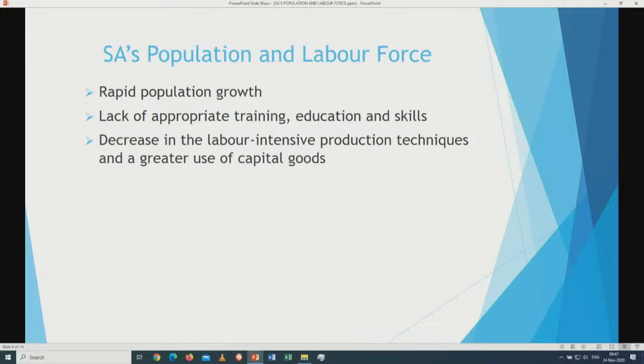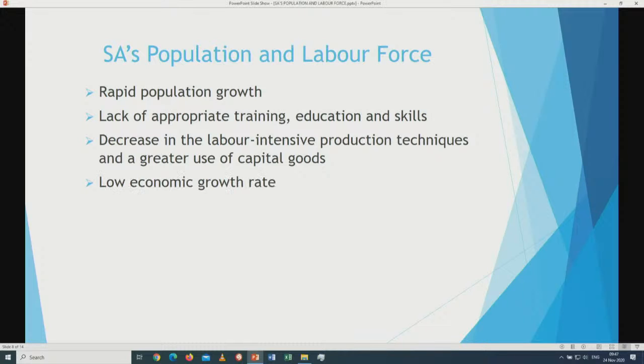So when the labor intensive production techniques decrease and the capital intensive techniques increase, then this will definitely result in some of the employees, some of the workers, being laid off, and that will also contribute to the high unemployment rate.